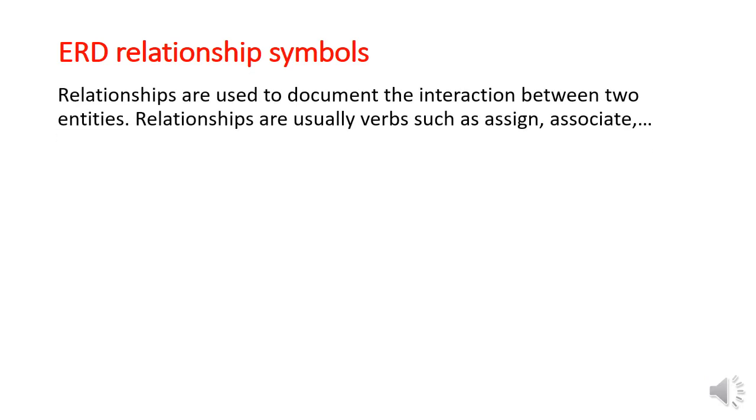In other words, one table or relation references another one. Relationships are used to document the interaction between two entities. Relationships are usually verbs such as assign, associate, teach, track, and so on.